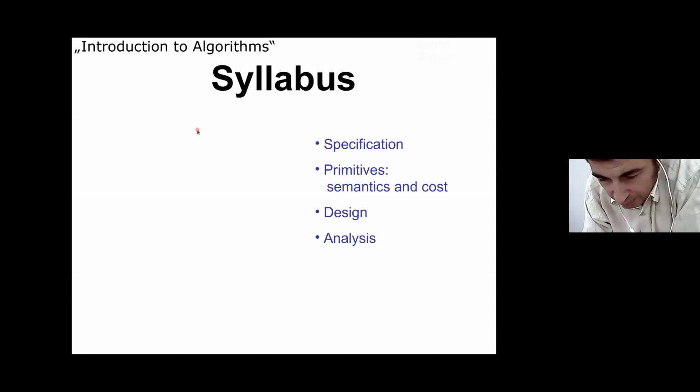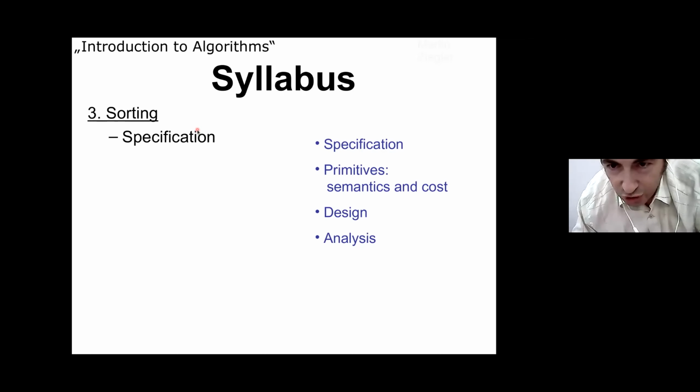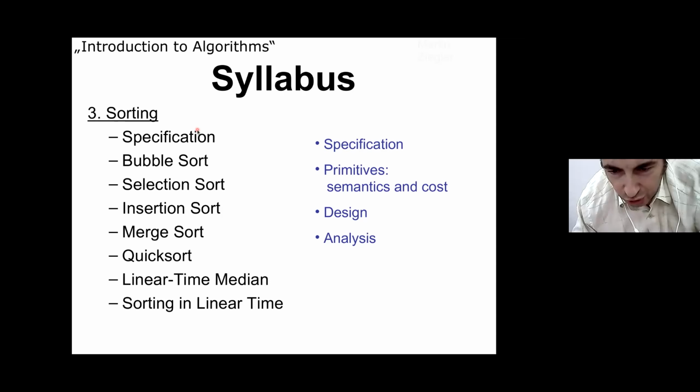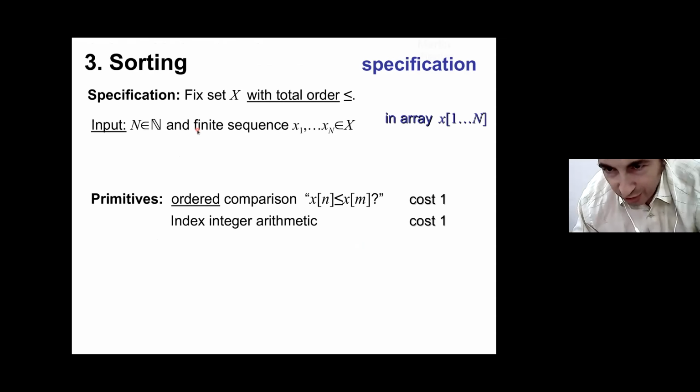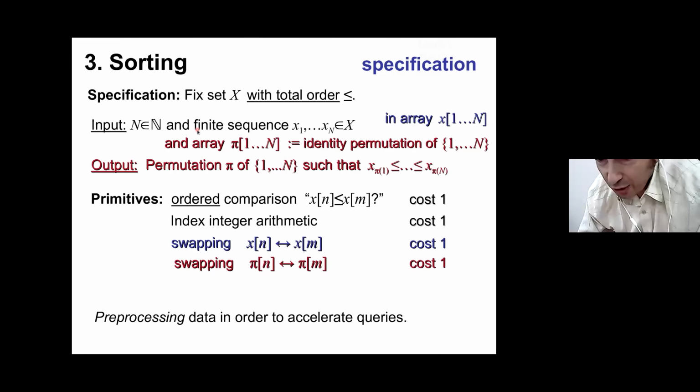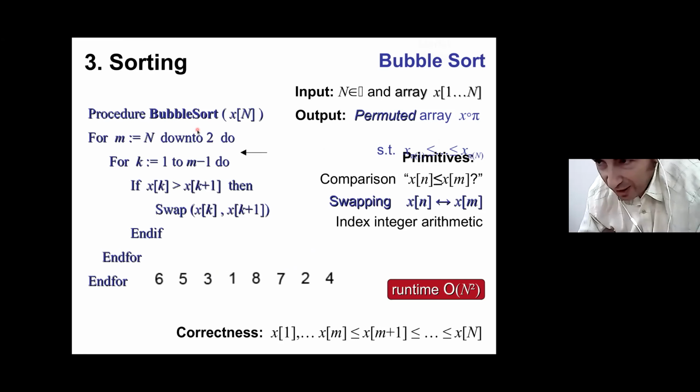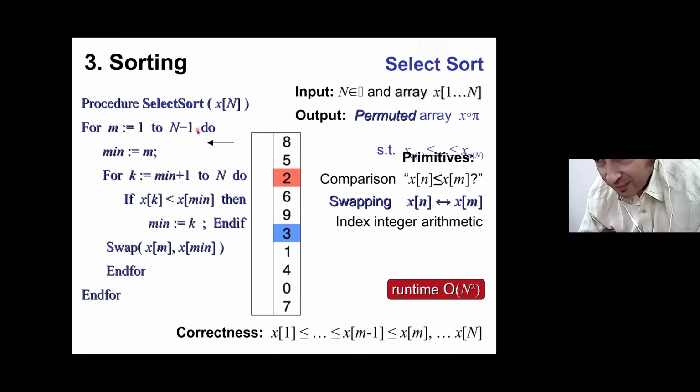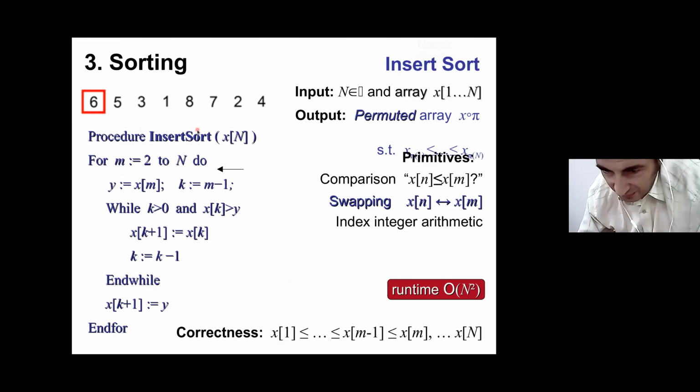Okay, so this is one thing, and now let me come back to what I was talking about last time. Last time we were talking about sorting, and I don't want to repeat the initial discussion. We had three algorithms: the bubble sort, the selection sort, and the insertion sort.